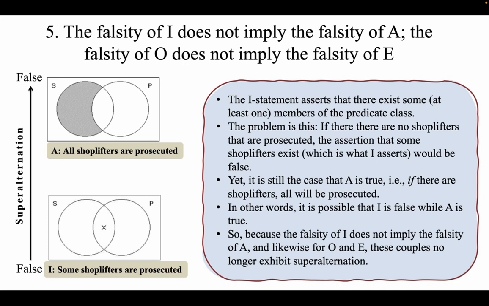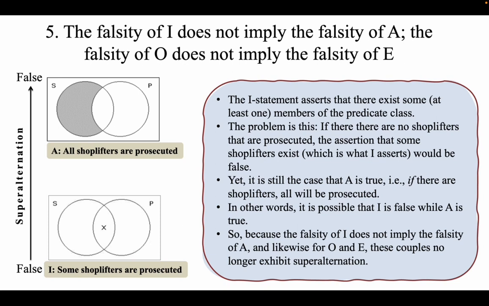So, the I statement asserts that there exists at least one member of the subject class. The problem is this: if there are no shoplifters, they're prosecuted. Then the assertion that some shoplifters exist, which is what I asserts, would be false. Okay?